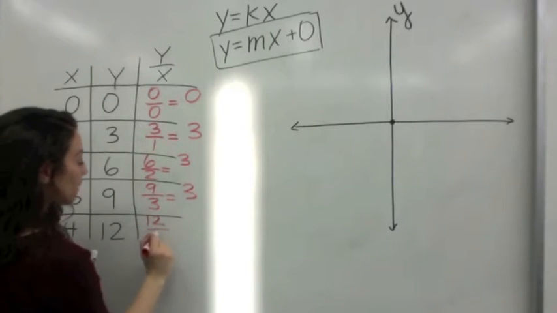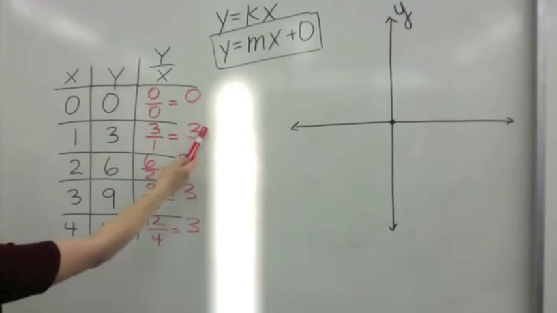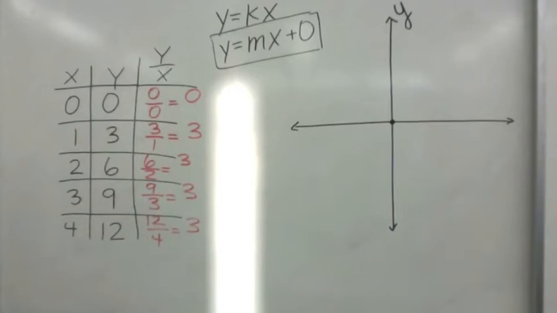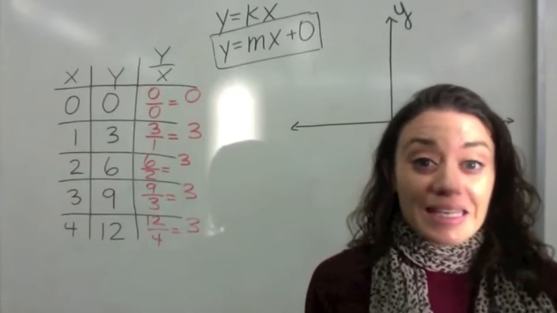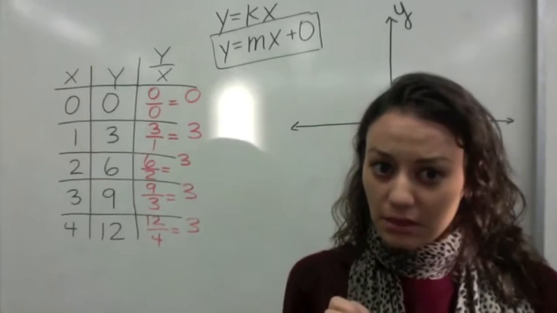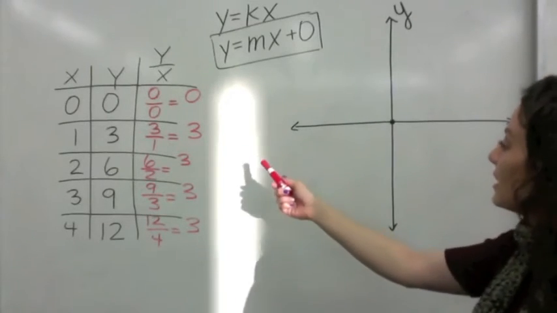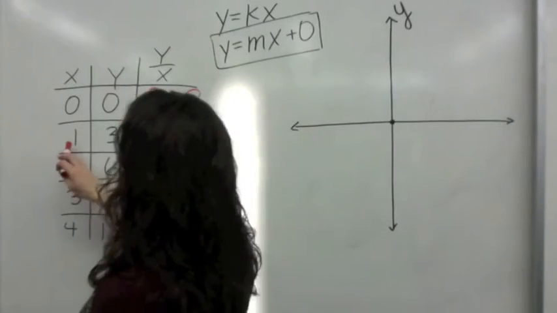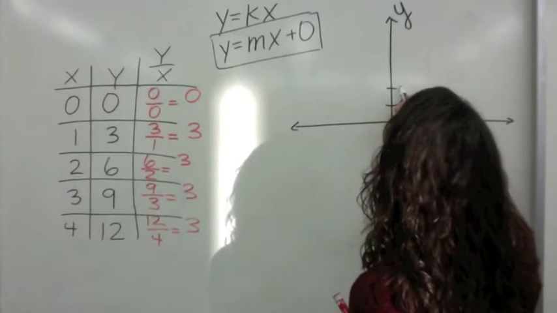And 12 divided by 4, it's also 3. So we see there is a constant rate of change. The ratio is 3, which means the slope is 3. Do you get it? If you were to graph these points, you could graph the ordered pairs if you like. You could go 1 up 3.